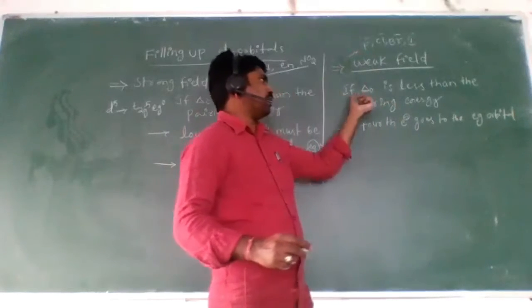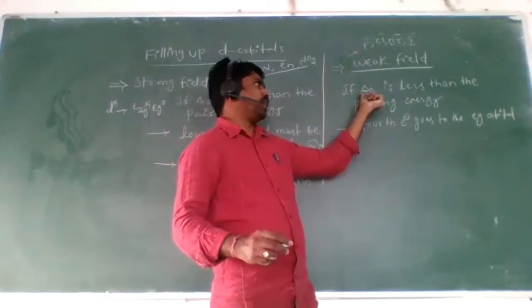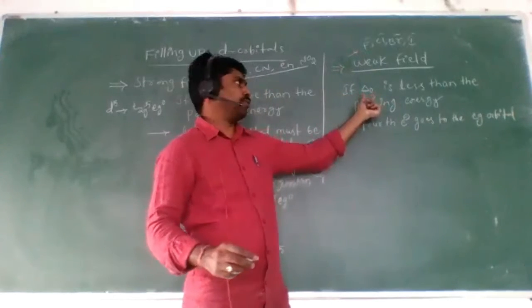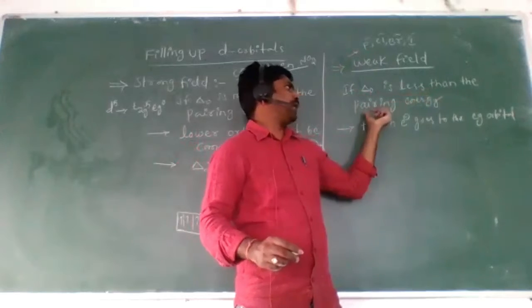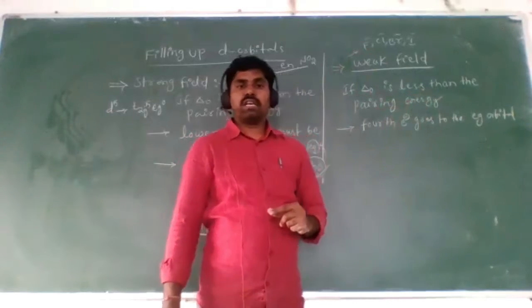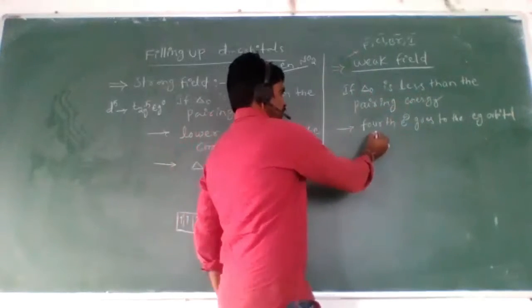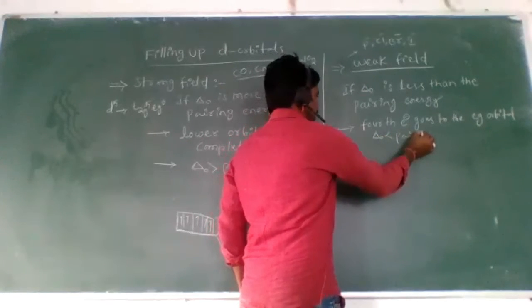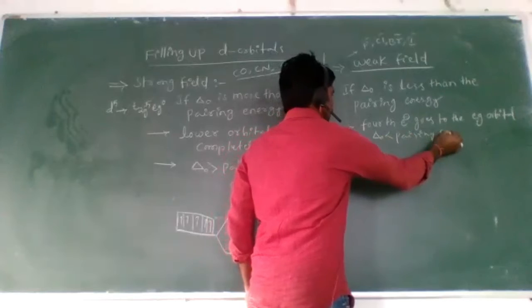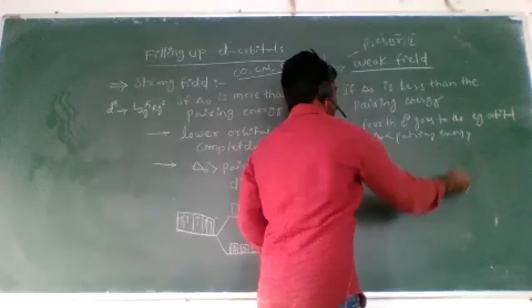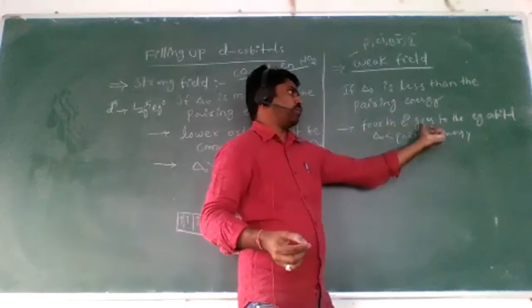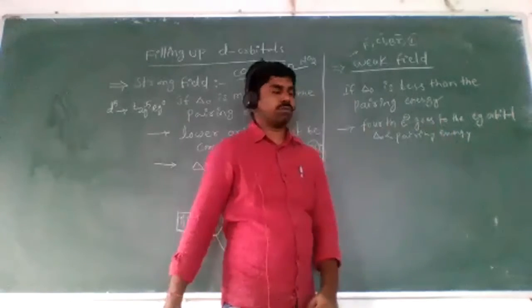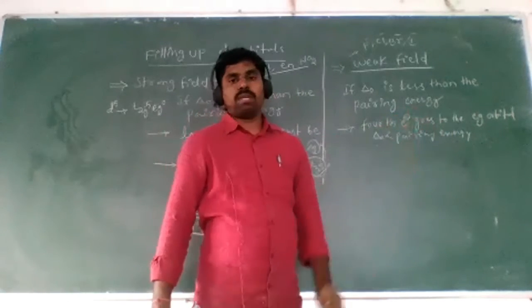Now look at here. What is there? The octahedral splitting energy is less than the pairing energy. See here, delta naught is less than the pairing energy. Now the fourth electron goes to the Eg orbital.